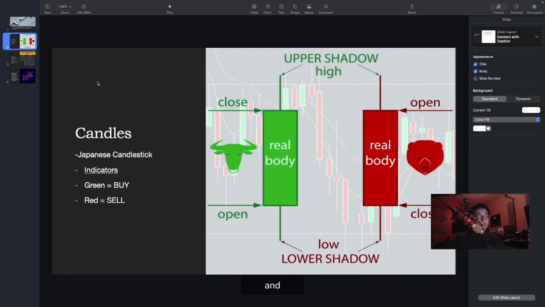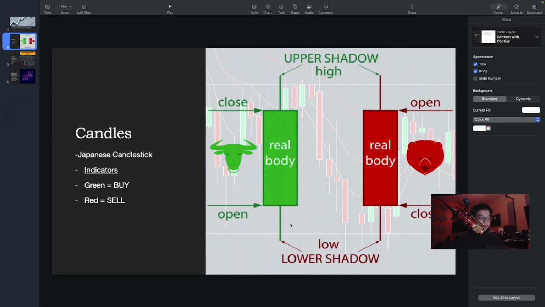How you identify, or read, a candle is when a candle closes, this is its real body, and whatever is up top are its shadows, or what we call wicks. So why does it do that? Every time a 30-minute candle forms, during that 30-minute time frame, it could go as high as that or as low as that.